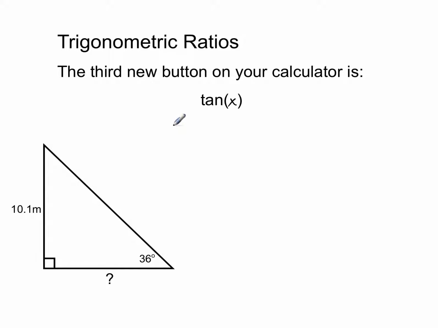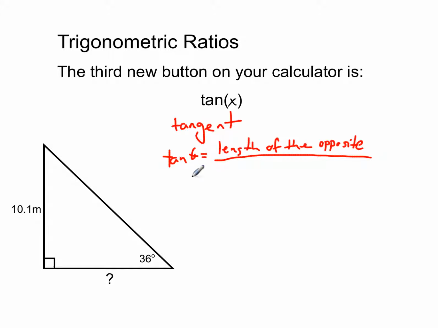So tan, short for tangent, tan of theta, I should say, is the length of the opposite side divided by the length of the adjacent side.